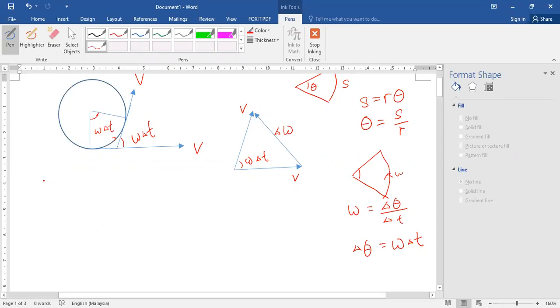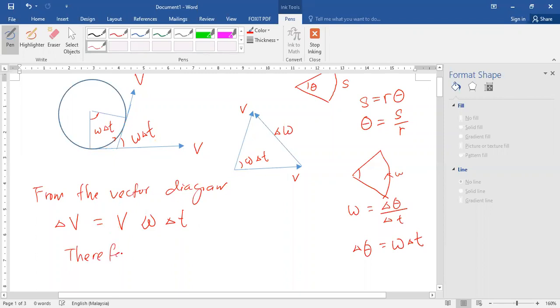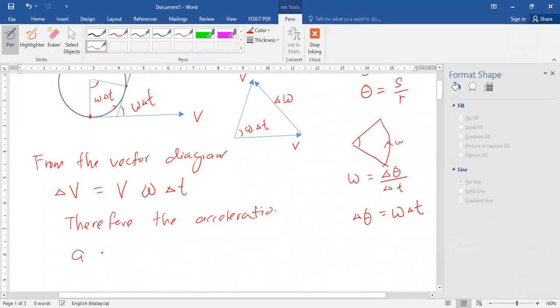Now from the vector diagram, delta V from this point to this point, the change of the speed, is equal to V times omega delta T. Therefore, the acceleration from this point to this point, that is A. Acceleration is equal to delta V over delta T, the change of the velocity over the change of the time.